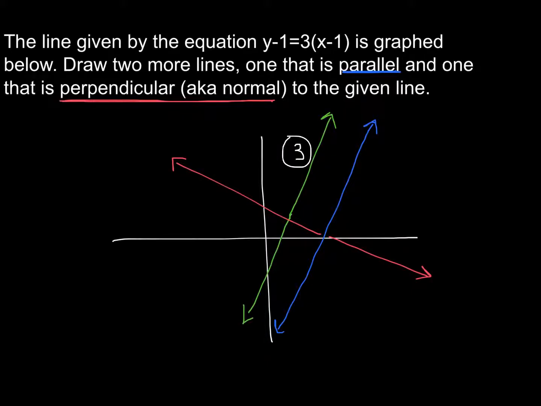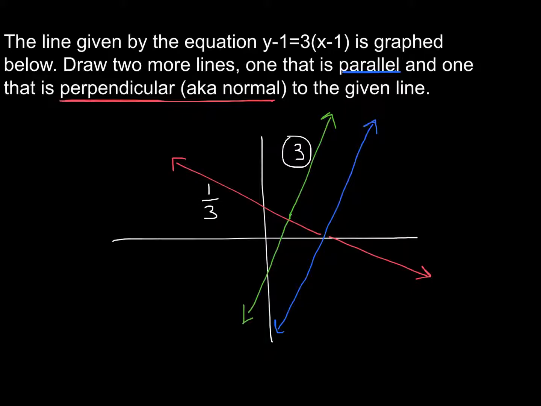How much steeper is a line with a slope of 3 than a line with a slope of 1? Well, it's 3 times steeper. Okay, so how much more shallow do we want our red line to be than a line with slope of 1? We want it to be 3 times more shallow. So how do I make something 3 times as shallow or 3 times less steep? I'll divide by 3, and I will get 1/3.